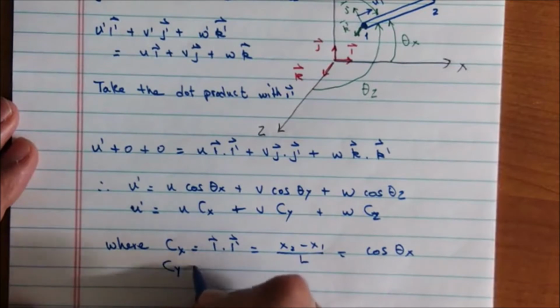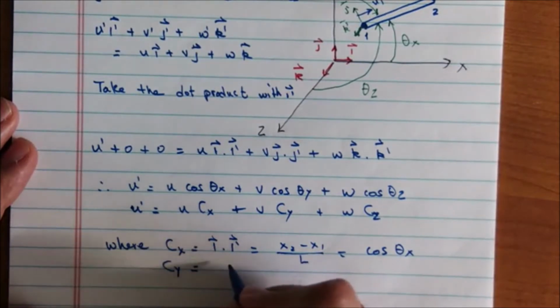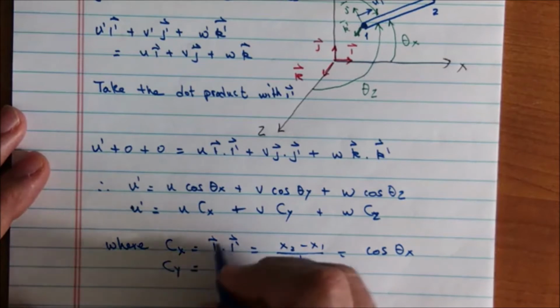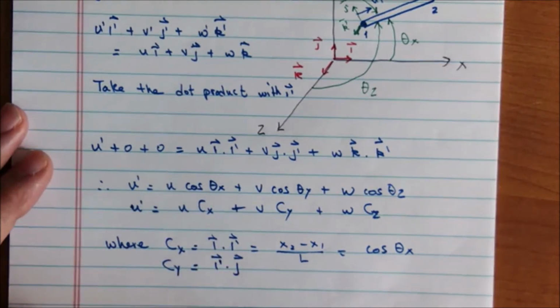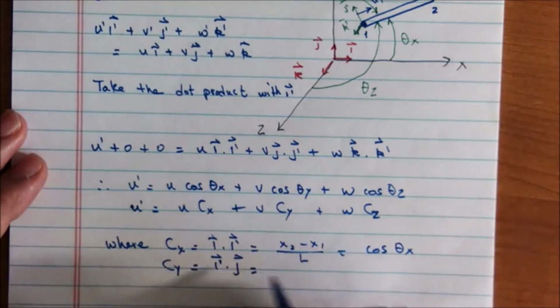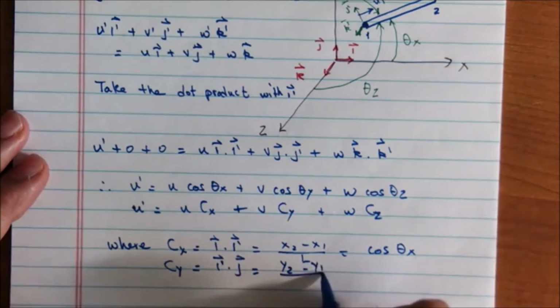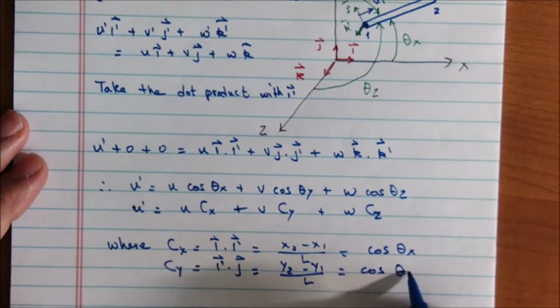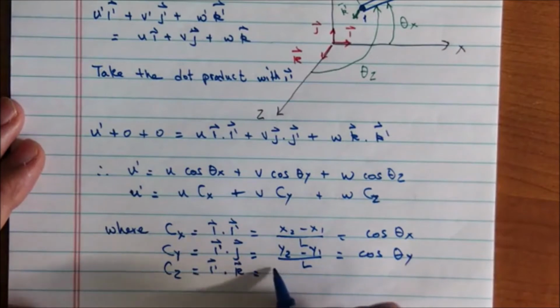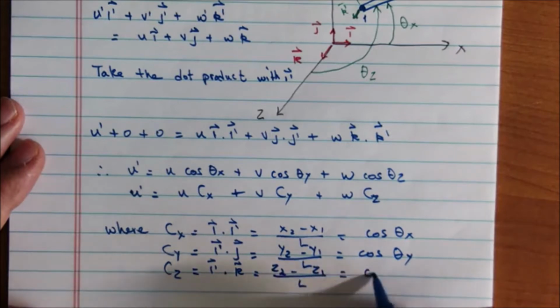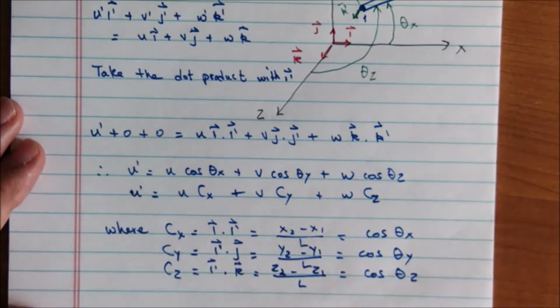Cy is equal to I prime dot j, which is equal to y2 minus y1 over L, or equal to cosine theta y, and CZ would be I prime dot k, which is equal to Z2 minus Z1 over L, which is equal to cosine theta z.